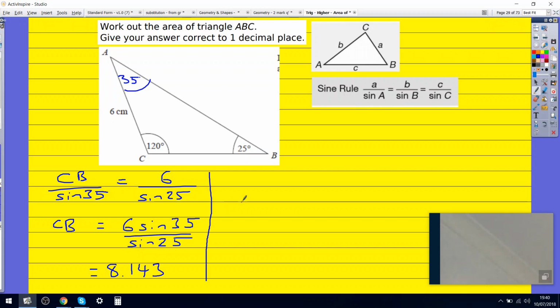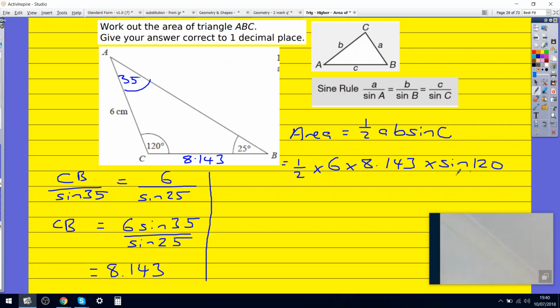So we want the area. So the area is half AB sine C. That gives us a half times 6 times 8.143 times sine 120. Well done. And then we just get the answer for that.